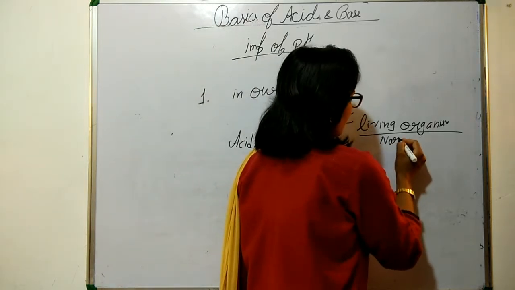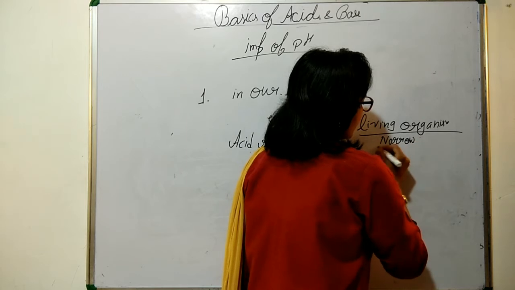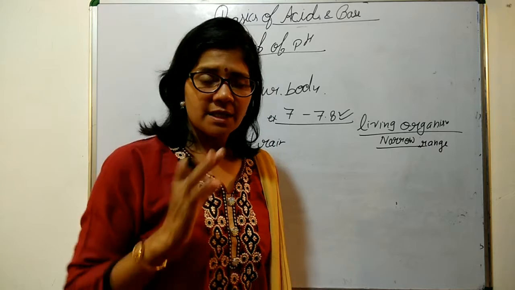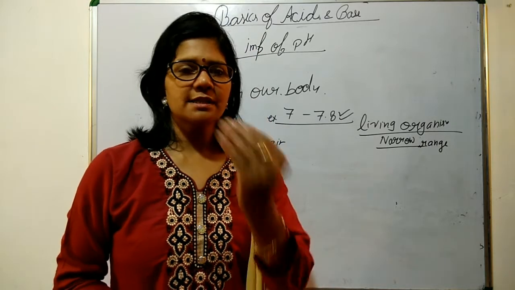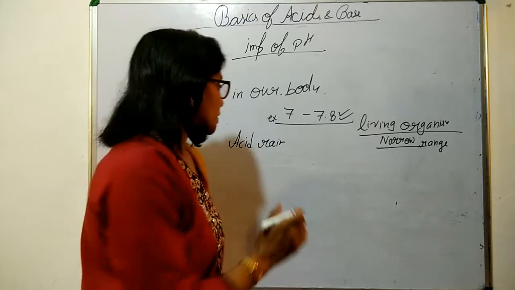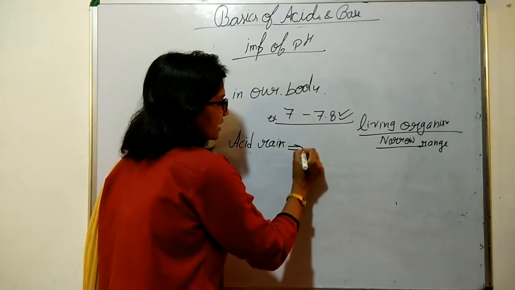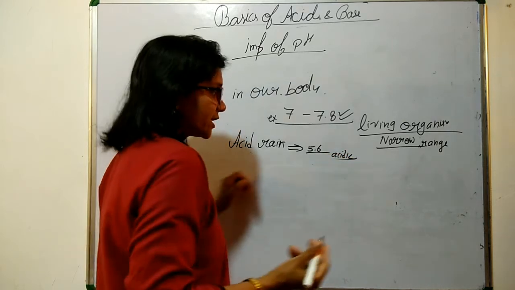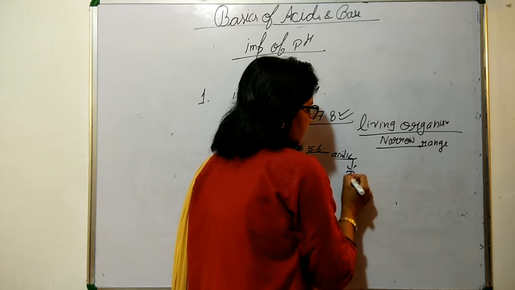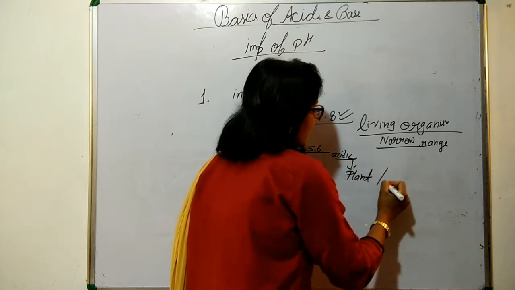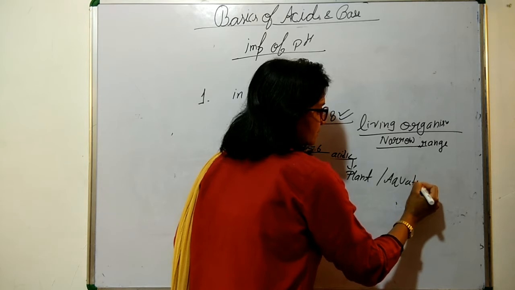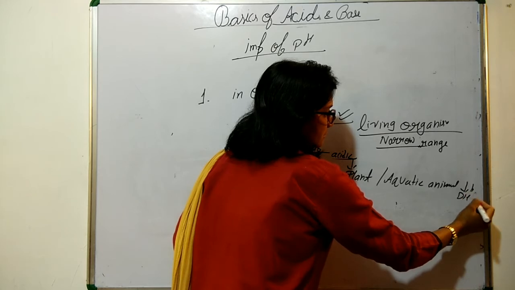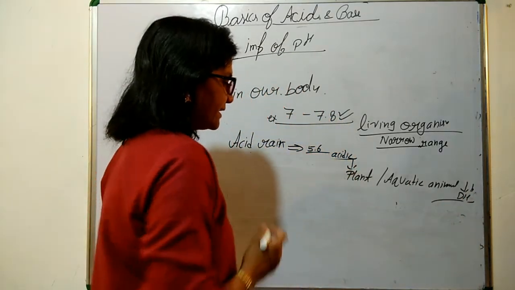If there is a large change in pH, their work efficiency will be affected, and they may even die. In the case of acid rain, where the pH is 5.6, it is highly acidic for living organisms. Because of this, small or sensitive plants and even aquatic animals may die.